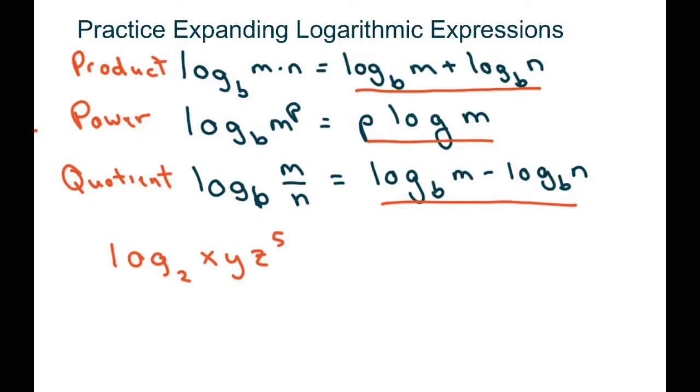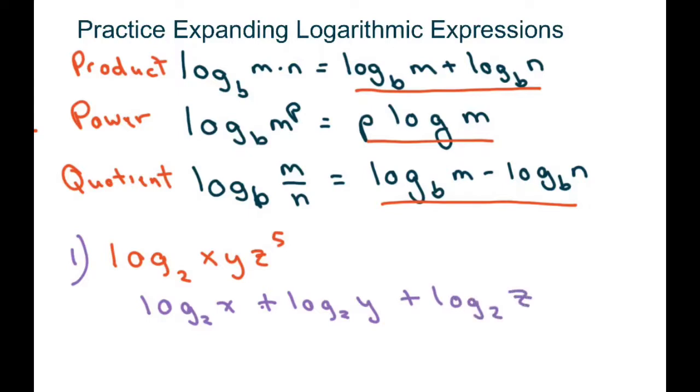So I have 5 problems we're going to do. Here's the first one. I'm going to use my product property first and expand this. We actually have 3 parts, so it's going to be log base 2 of x plus log base 2 of y plus log base 2 of z. So we're writing it as a sum.